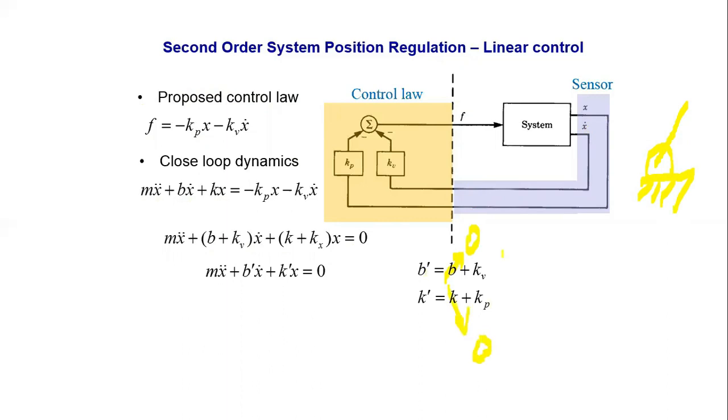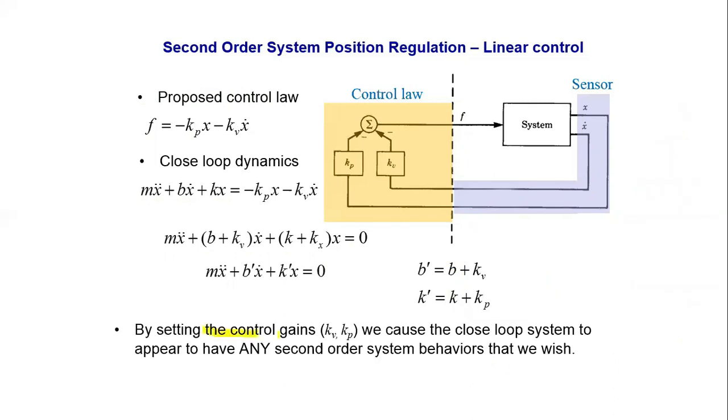You will see that after applying this position regulation linear control, your single link manipulator will possess a virtual damping b dash, and this b dash will be equal to kv, and this single link manipulator will also possess a stiffness, and the stiffness will be equal to k dash, which is equal to kp. So by setting the control gains kv and kp, we cause the closed loop system to appear to have any kind of second order system behavior that we wish.